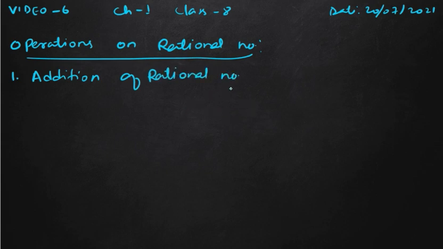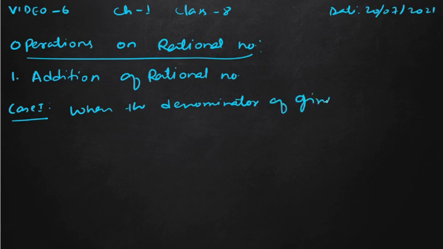So in this addition of rational numbers we have two cases. The first case is when the denominators are same, and case 2 will be when the denominators are different. When the denominators of given rational numbers are same, how do we add them?